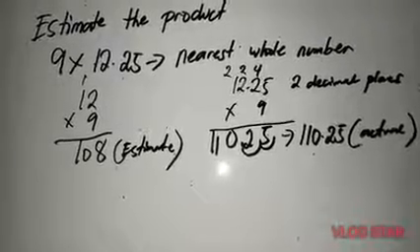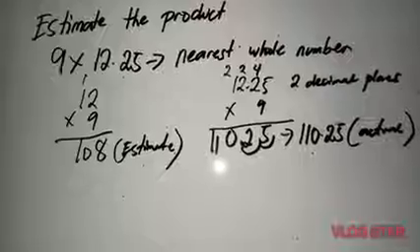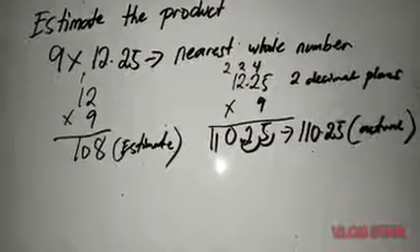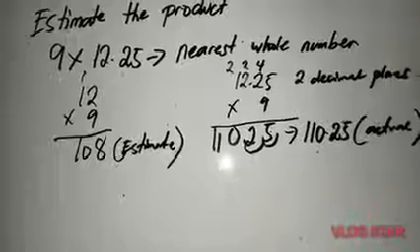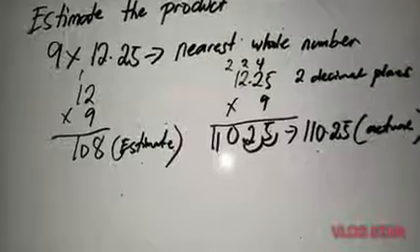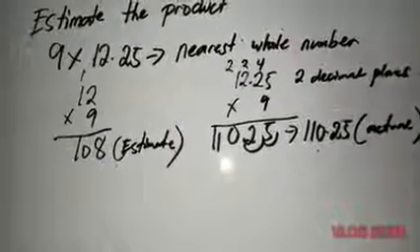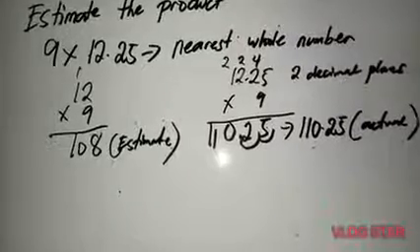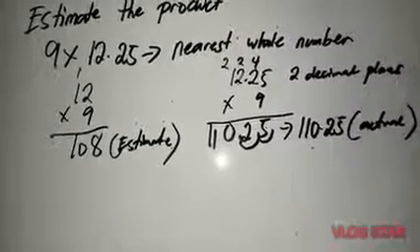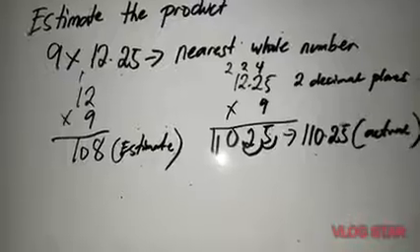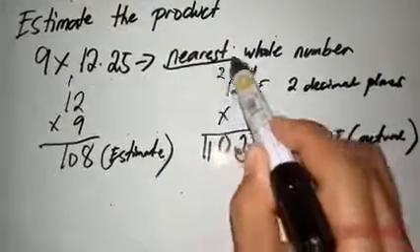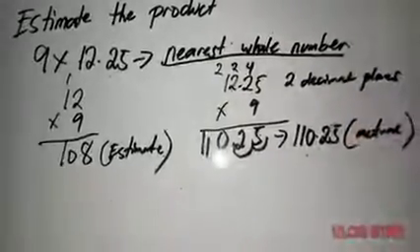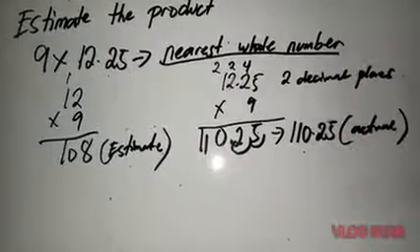It depends on how accurate you want them to be. Suppose that 12.25 is rounded to the nearest 10, then the estimate would be 10 times 10 or 100. This estimate is below the actual product. So it depends on how you round the decimal number.